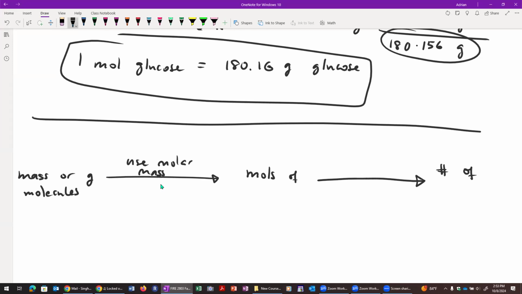So mass or grams of the molecules to moles of the molecules, and then we can use Avogadro's number to convert it to number of molecules. And again, we can go backwards as well. We can go from number of molecules to moles by using Avogadro's number. We can go from moles to grams by using the molar mass.